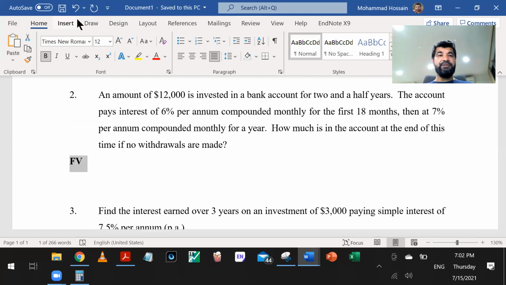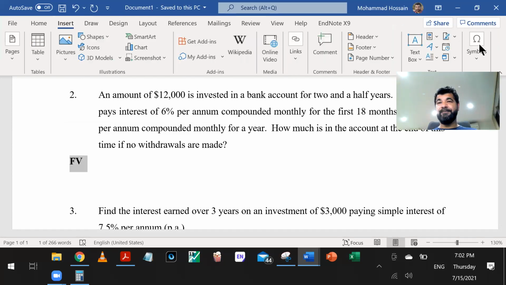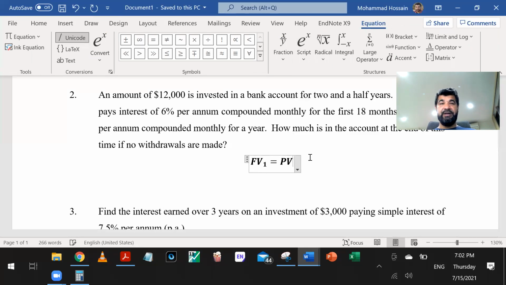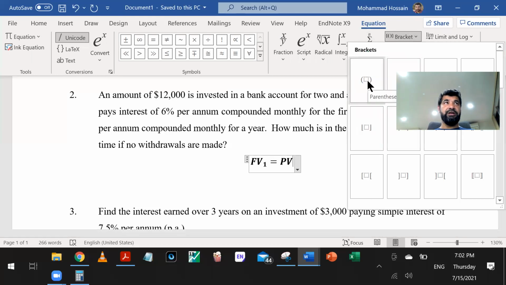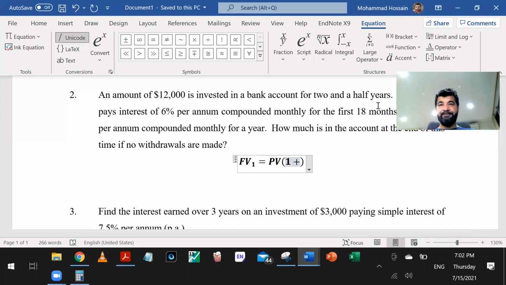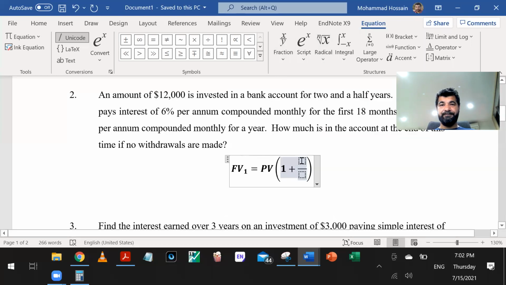So this one I would say is equal to present value into 1 plus I divided by M, whole to the power mn, right?